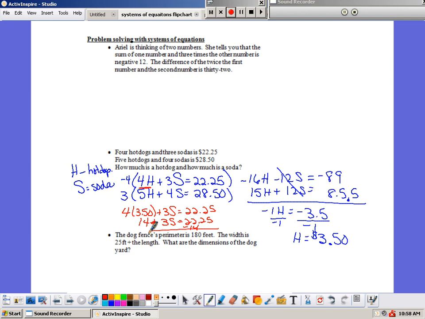Subtract your $14. 3S equals $8.25. Divide by 3. 8.25 divided by 3 is $2.75. So it's $2.75 for a soda, and it's $3.50 for a hot dog.